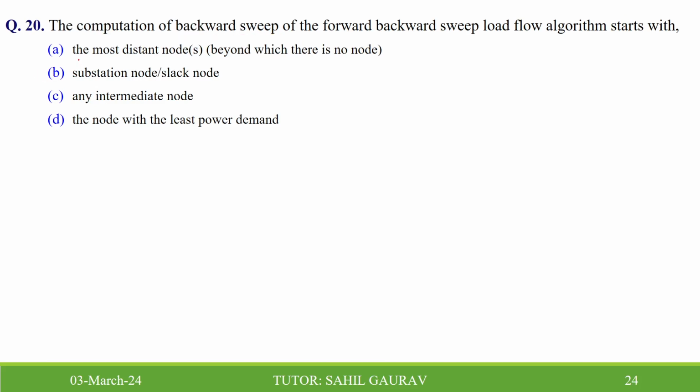Now the last problem. The computation of backward sweep of the forward backward sweep load flow algorithm starts with option A, most distant node. Yes, most distant node, beyond which there is no node. So backward sweep means backward direction.